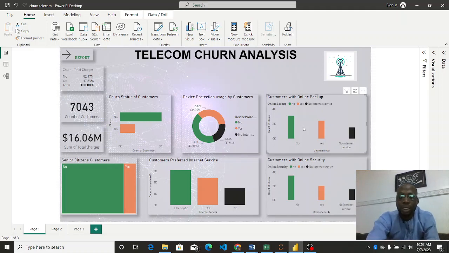There is a sequential movement which shows that these individuals make use of internet more. The people that churned us, the youths that churned this telecom service, are internet users.